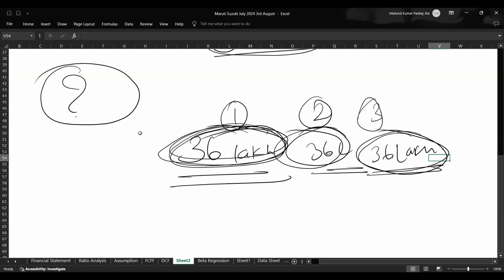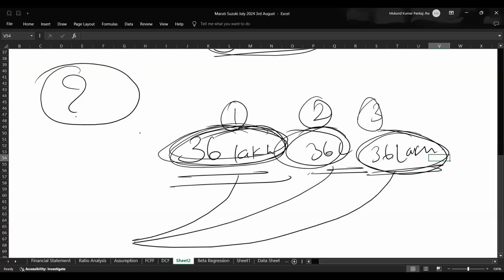No, I am just asking for a simple formula. CAPM is used to calculate cost of equity. DCF, yes. We are discounting these future cash flows, 36 lakh every year, to get the present value of all the 36 lakh till perpetuity.